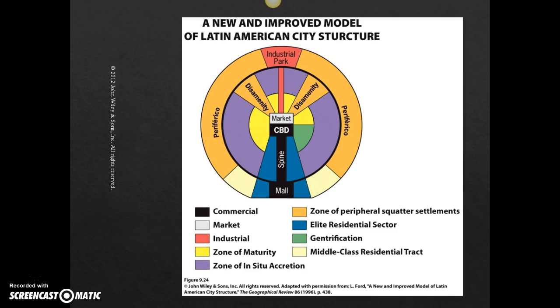I'll go ahead and change the slide here so we take a look at a picture of the model. Right, you can already notice where it combines some of those elements of the concentric zone model and the sector model. So again, in the middle, we've got that central business district combined with a marketplace, and then around it we've got these other areas, right? So you've got kind of a main spine.